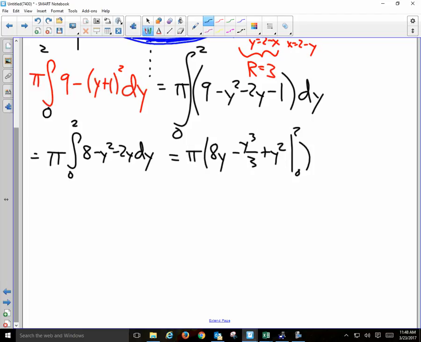Plug in 2, we get 8/3 plus 4. Whoop. That was a plus sign. It should have been a minus sign, right? There we go. My bad. It's minus 4. So we get 12 minus 8 thirds, or 36 thirds minus 8 thirds, 28 pi over 3.